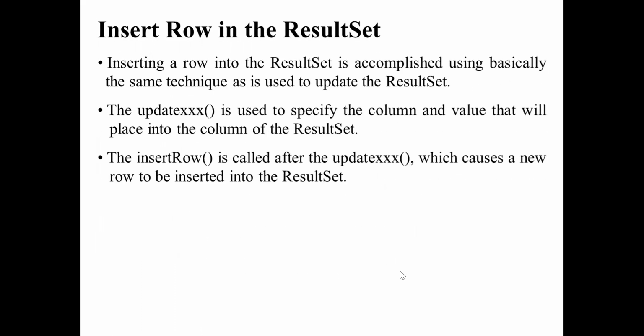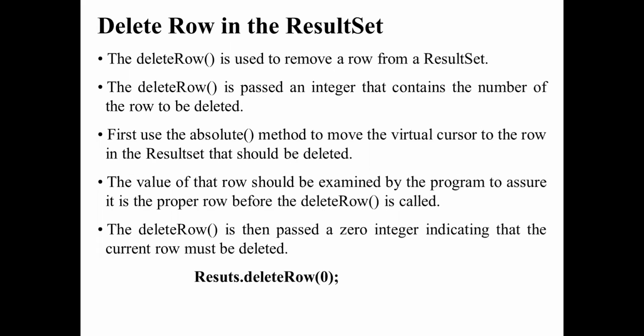And the next one is delete row. Delete means we have to remove a row from the result set. The deleteRow method is passed an integer that contains the number of the row to be deleted. First use the absolute method to move the virtual cursor to the row in the result set so that we can delete it.